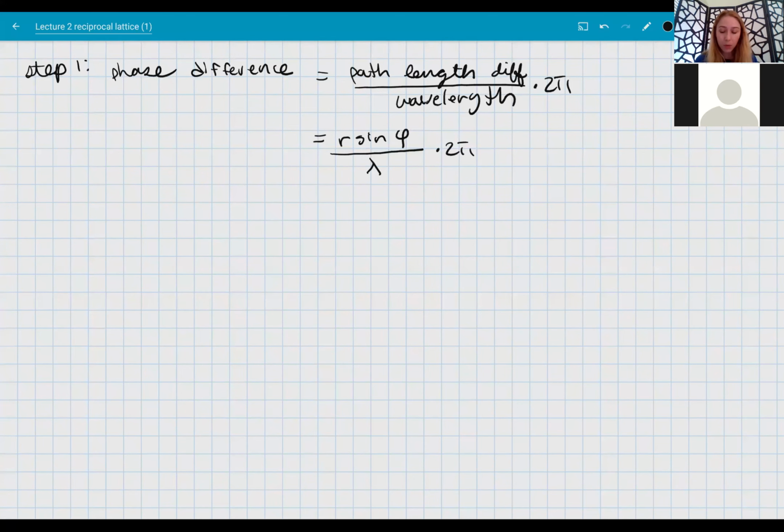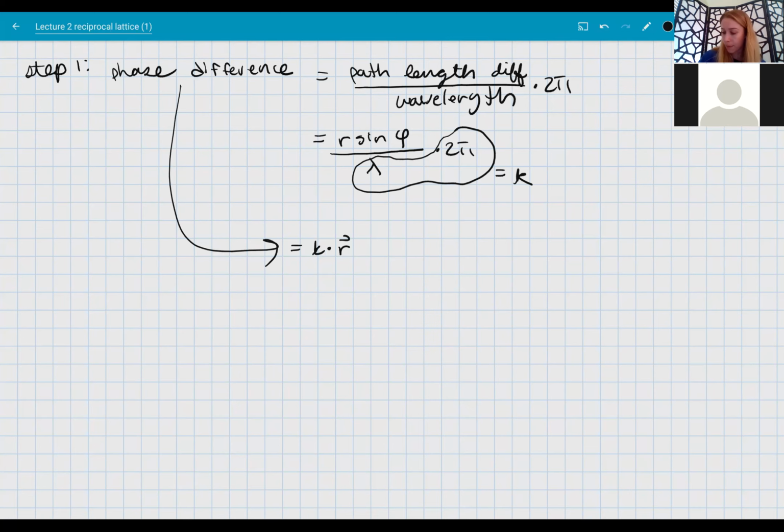Then we remind ourselves that 2 pi divided by lambda is equal to k. This is the definition of a wave number. Thus, this phase difference is equal to k dot r.